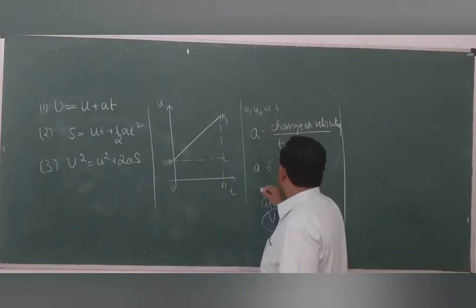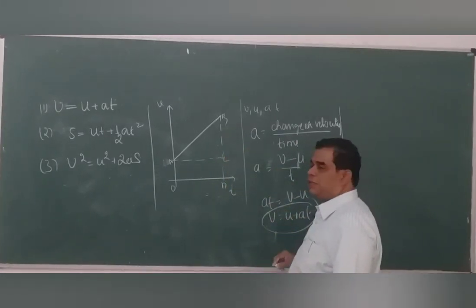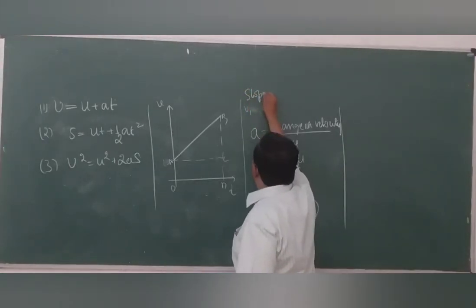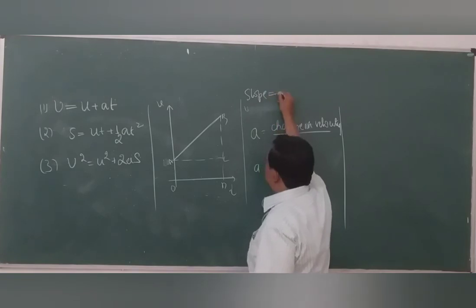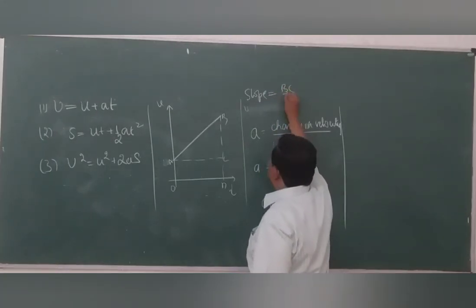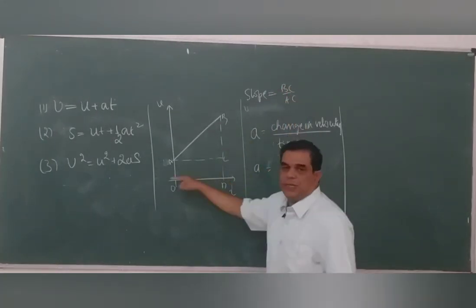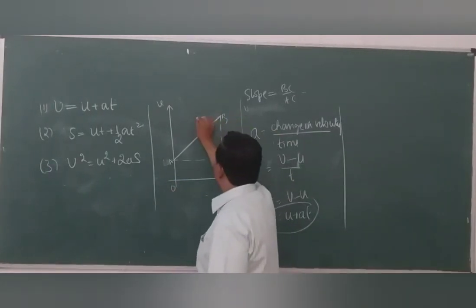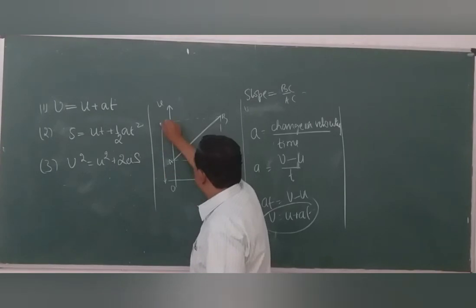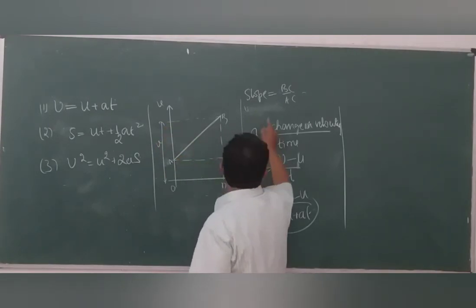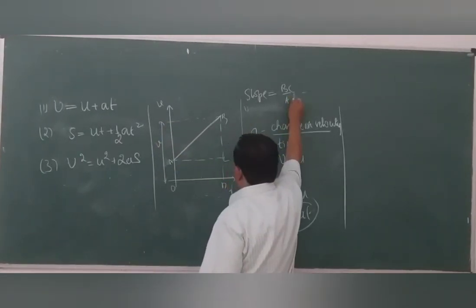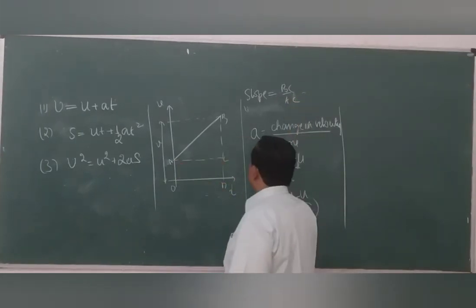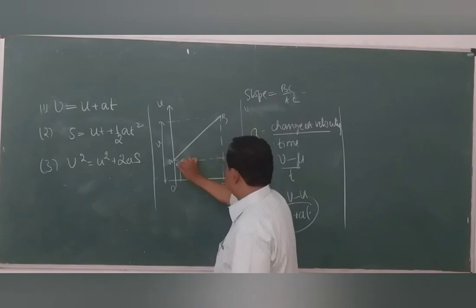We write that. Slope of this graph equals BC by AC, change on y-axis by change on x-axis. As we can see from this graph, this overall thing is V, and BC is V, and this is U.